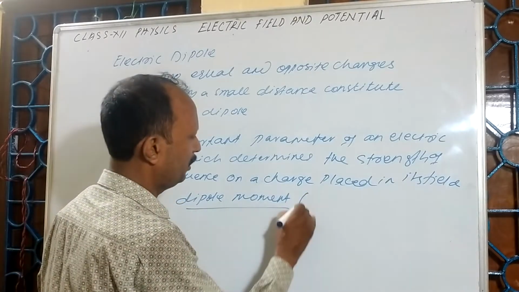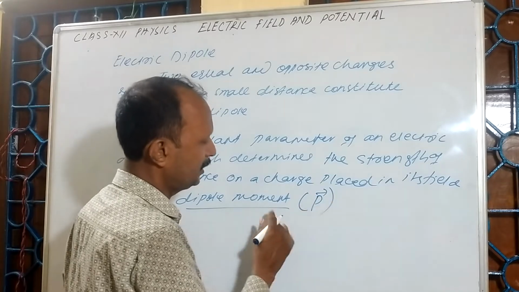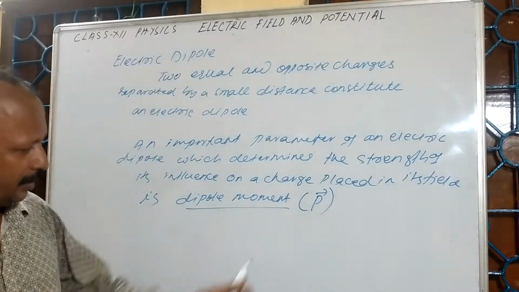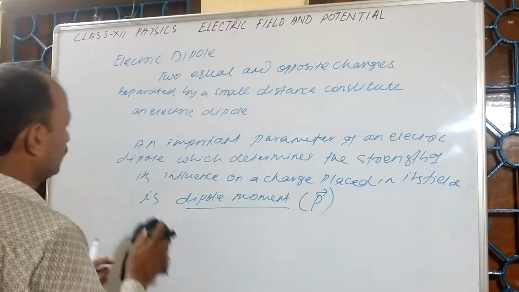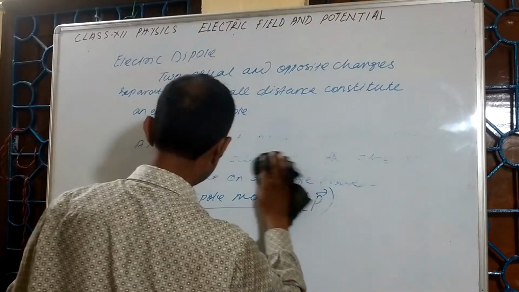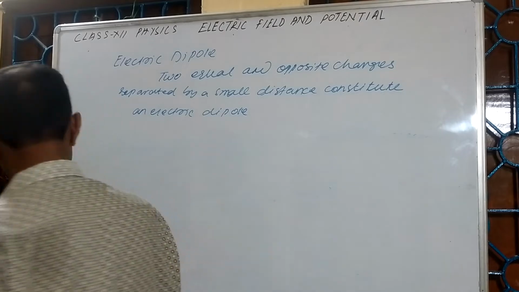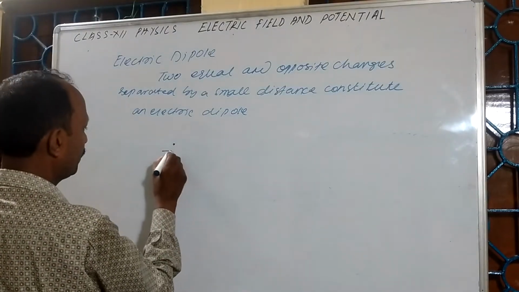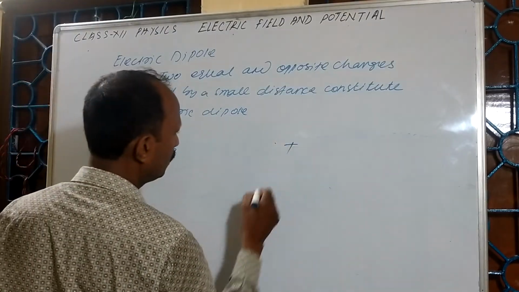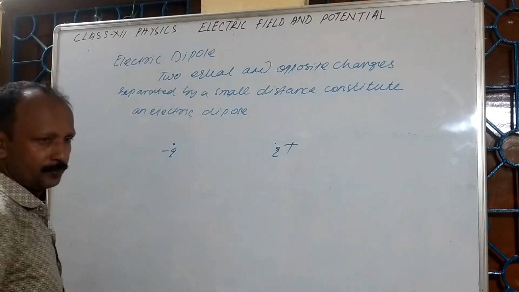It is denoted by the symbol P. Since it is a vector quantity, I have given the arrow mark. Let us see. Suppose this is the negative charge, this is the positive charge.